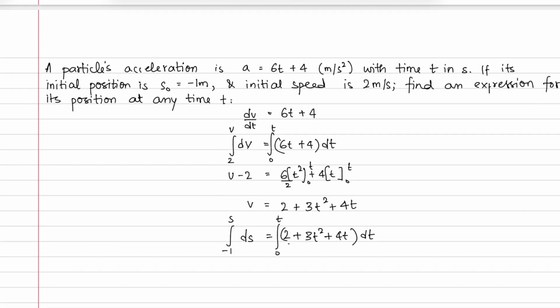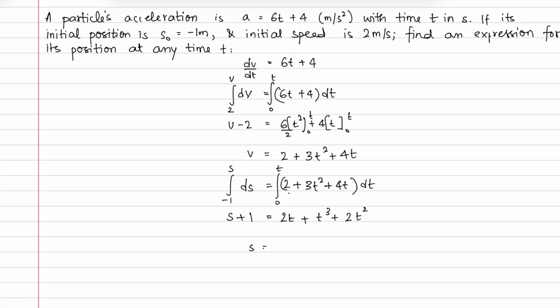So when you get s plus 1 is equal to, and if you were to do the integration carefully, you will get 2t plus t cubed plus 2t squared. Or the position at any instant of time is given by -1 plus 2t plus t cubed plus 2t squared. This here is your answer.